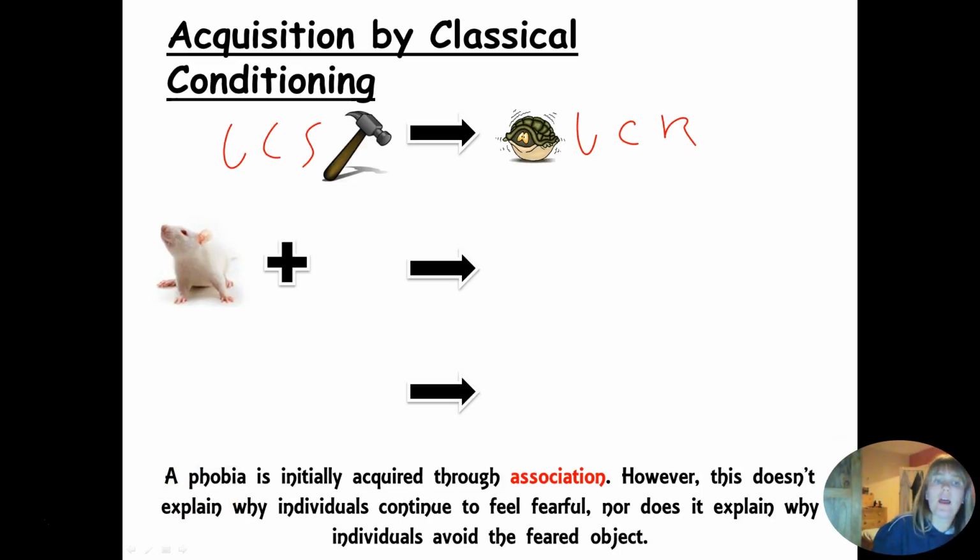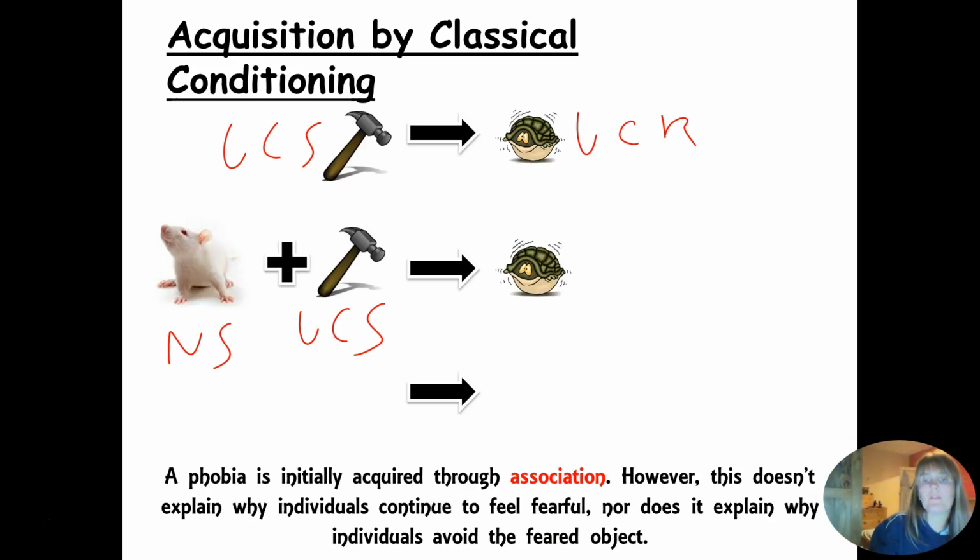Next, after lots and lots of times, we pair the rat, which is your neutral stimulus. So generally we aren't afraid of rats. So basically we pair the rat, which is our neutral stimulus, we're not normally afraid of rats, with the loud bang made by the hammer, our unconditioned stimulus.